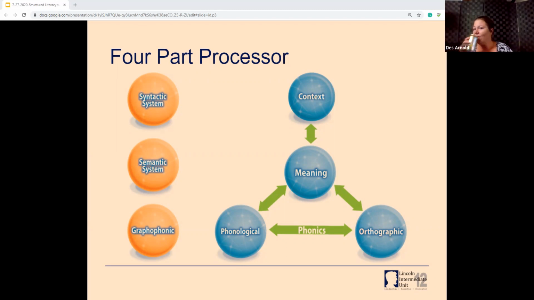Any other questions right now? Can you guys open your participants bar and give me a yes if you're doing a balanced literacy program now, or a no if you're doing a structured literacy program?